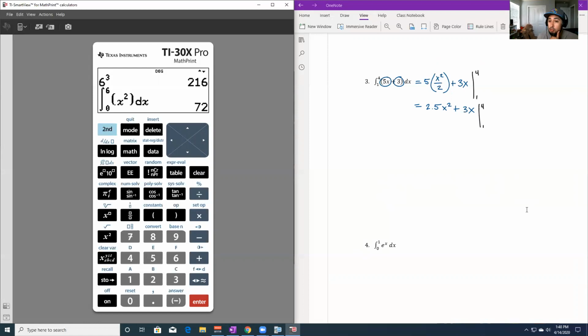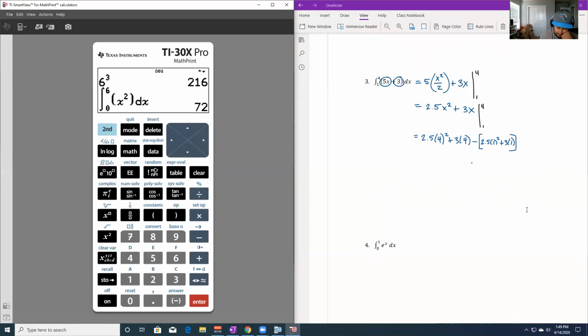Okay, we are now ready. All right, so this will become 2.5 times 4 squared plus 3 times 4 minus, I'm going to put a bracket here for neatness, 2.5 times 1 squared plus 3 times 1.